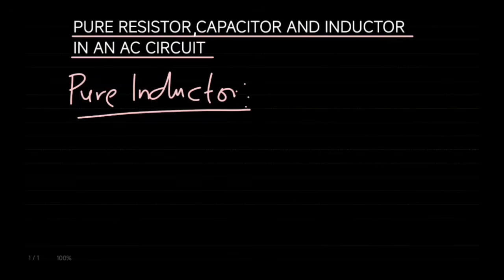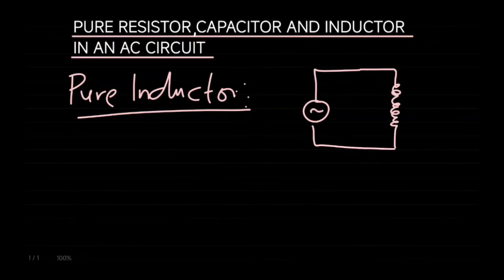Therefore, diagrammatically, it can be drawn as, let's call this the AC supply, and we have this. Remember, it is also used to store energy in a magnetic field. This is the inductor right here, and this is the AC supply.